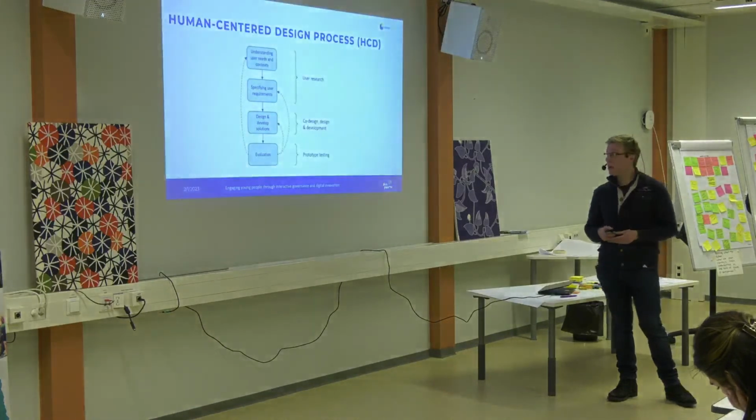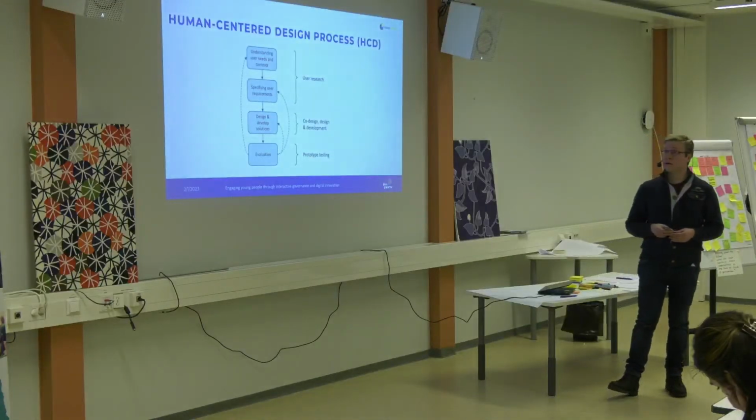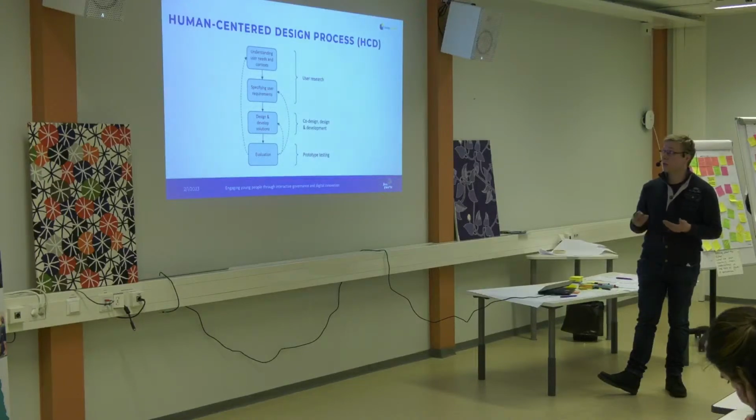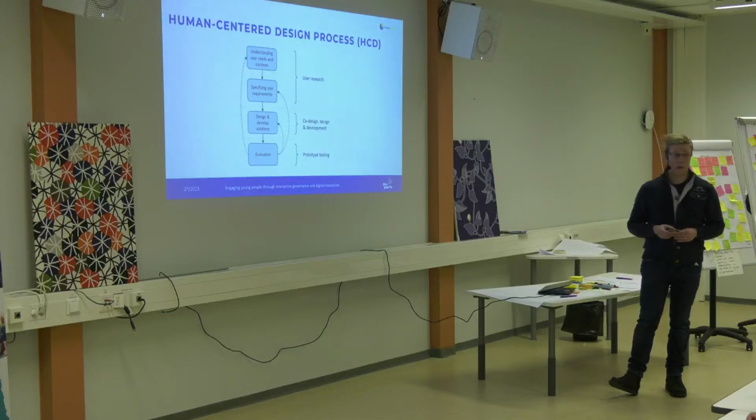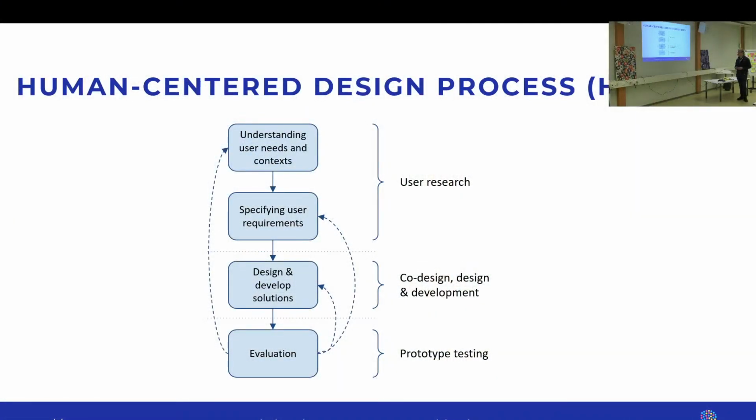But let's start with the approach that we usually follow in human technology interaction. It's this process. There is also an ISO standard created for this process. So it's called Human-Centered Design, HCD, and it has these four main steps. And everything starts by understanding the user and who is the user in the first place.